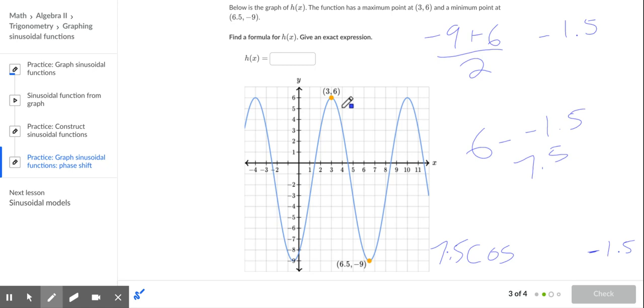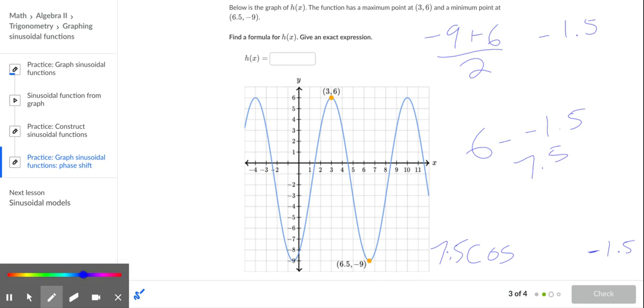So our period is going to be from peak to peak, or from minimum to minimum. So let's go ahead and do maximum to maximum because those fall on the line. So that's going to be easier. So it's from 3 to 10. So that's going to be 7. So our period is 7.